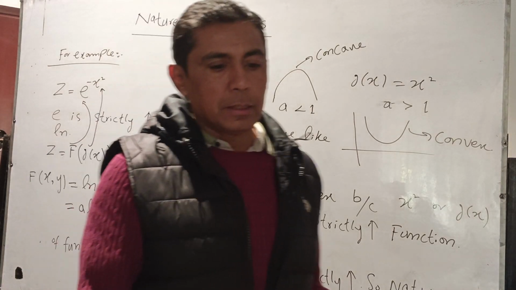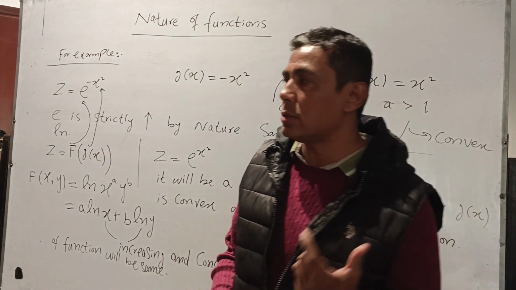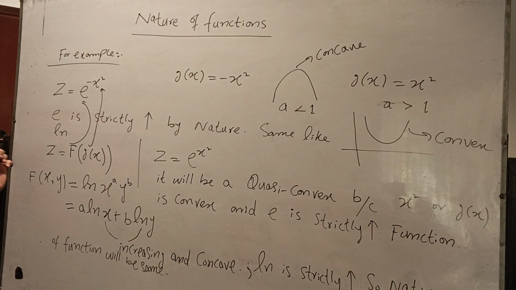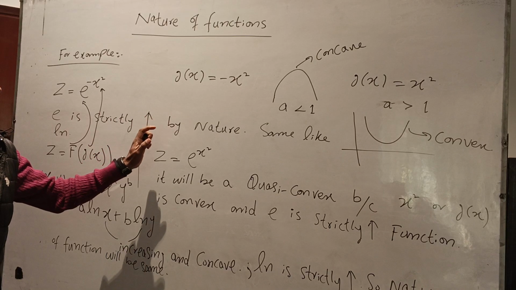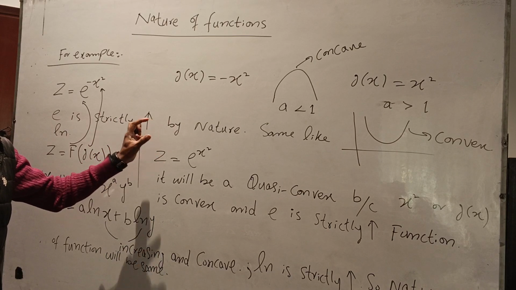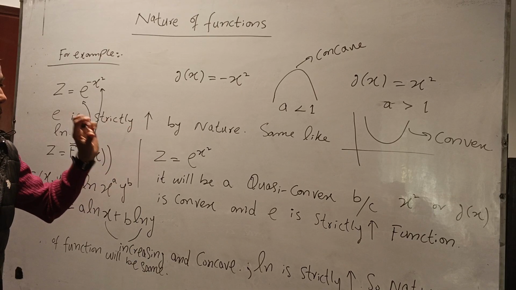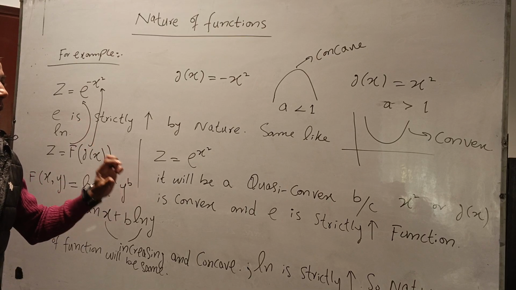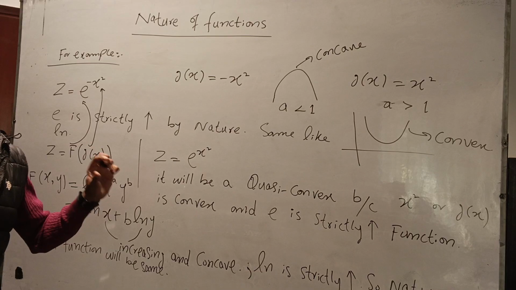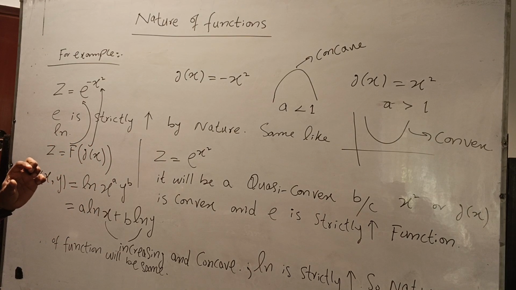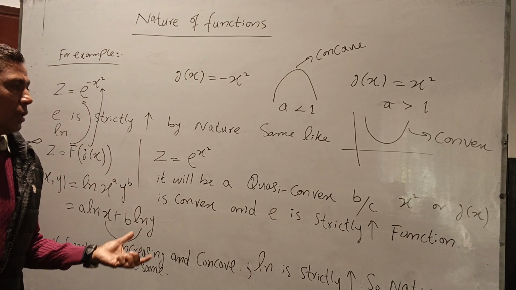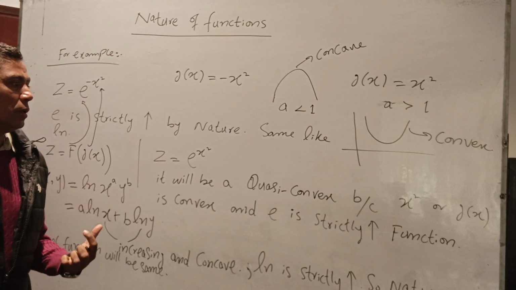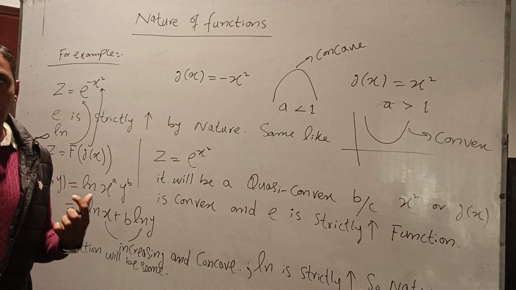Okay. Now another important topic is the existence of a utility function. We have decided what should be the nature of the function. Just to recall, we proved that the function should be quasi concave or quasi convex, depending on the objective of the optimization here. Clear? And quasi concave and quasi convex are weaker conditions or assumptions on the nature of functions.